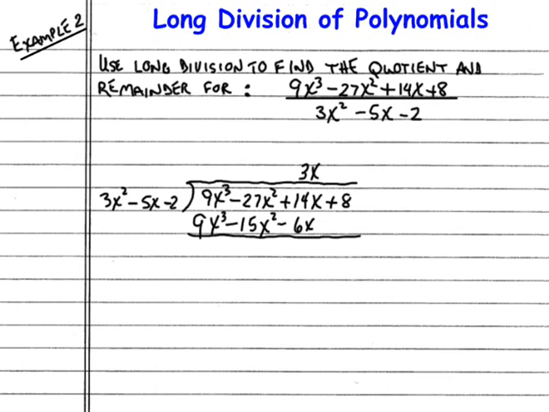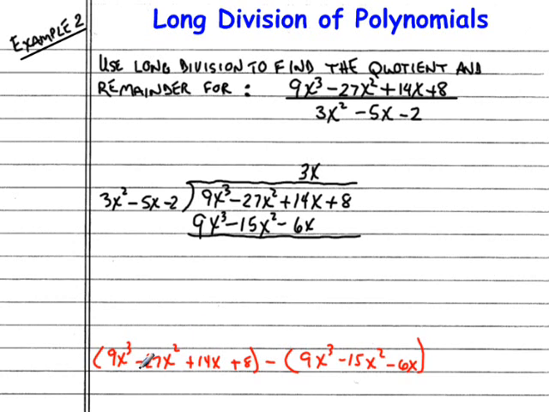Now, let's make clear the subtraction that's taking place, and let's try to do it in our head. What we're really being asked to do is take the polynomial 9x cubed minus 27x squared plus 14x plus 8 and subtract the polynomial underneath, which is 9x cubed minus 15x squared minus 6x.